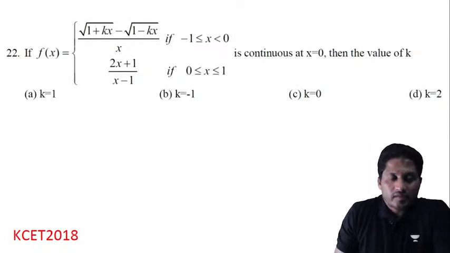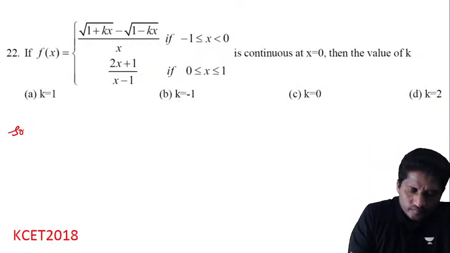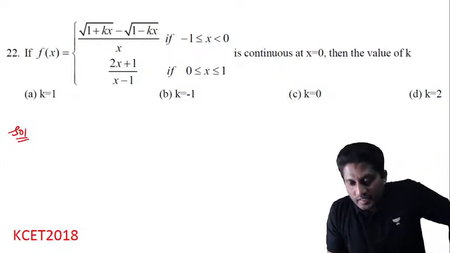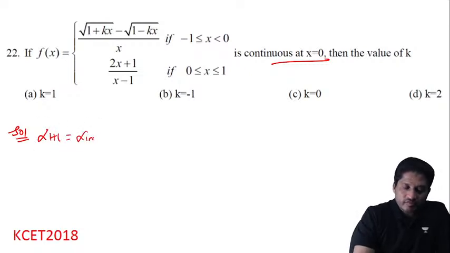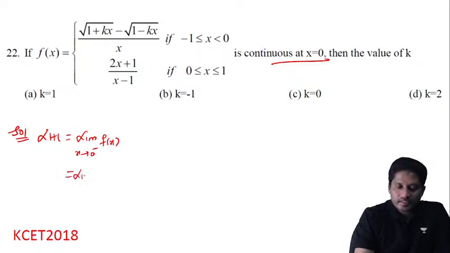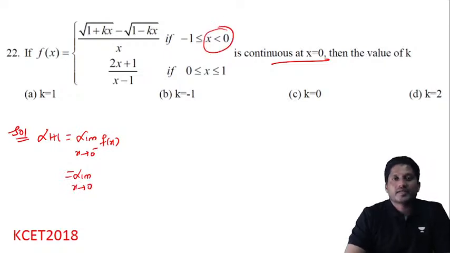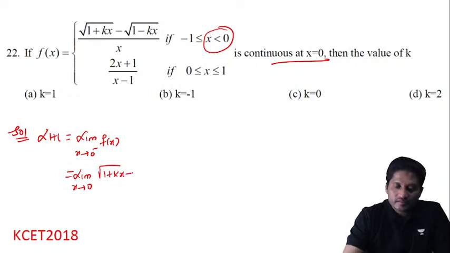It's already continuous at 0. Left hand limit is equal to limit x tending to 0 minus of f(x), which is the left hand limit, right? Limit x tending to 0 of root of 1 plus kx minus root of 1 minus kx, the whole divided by x.